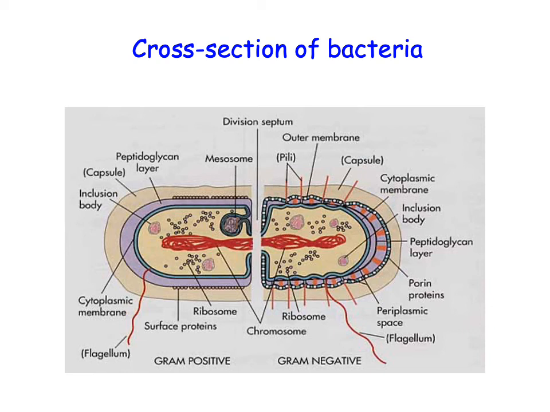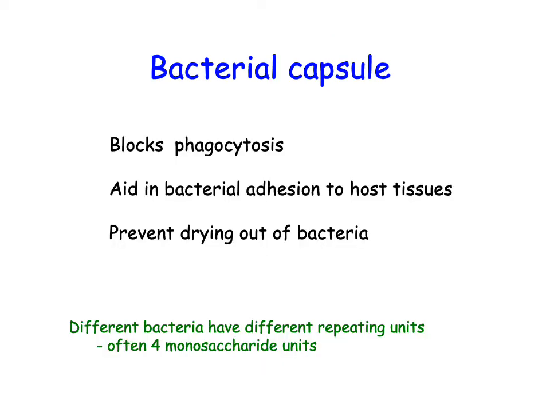And so you see, on the gram-positive, in addition to the peptidoglycan, we see this thick capsular material shown in a sort of yellowish color here. We see that same idea on gram-negatives.